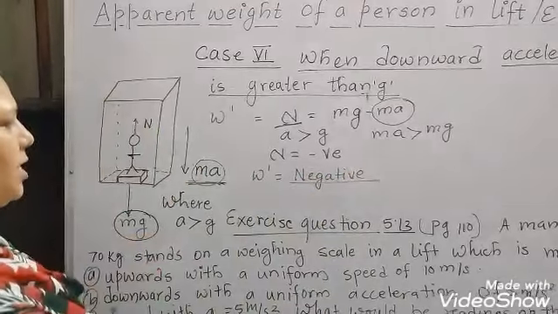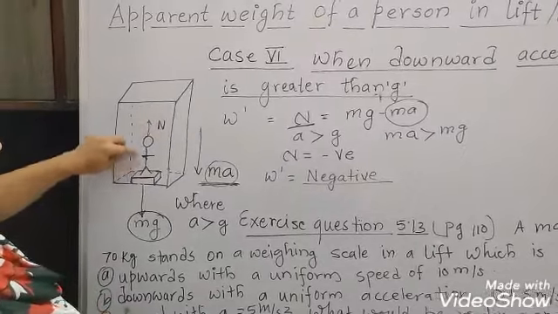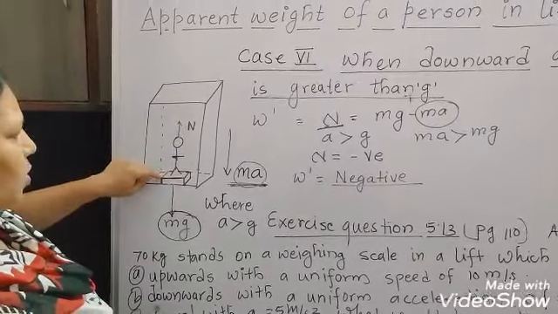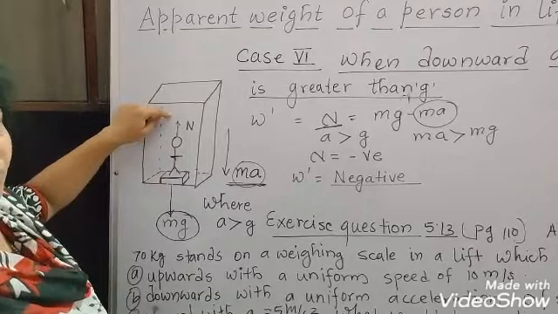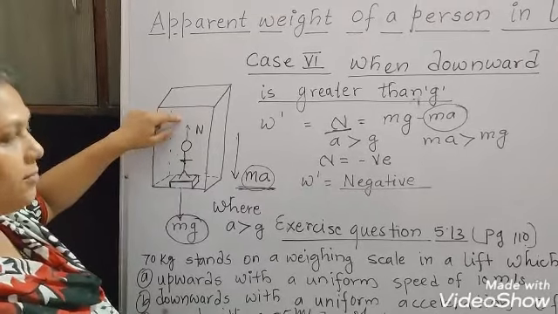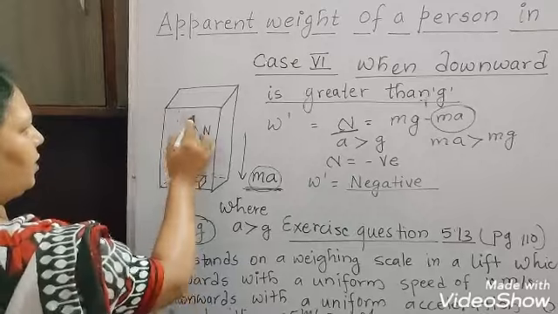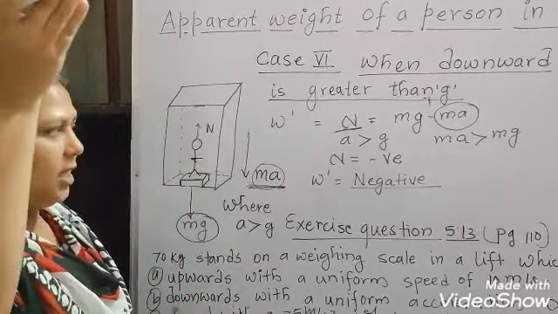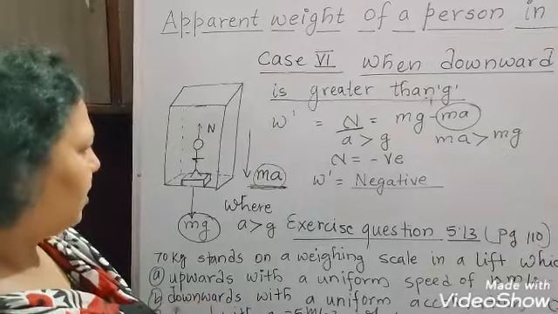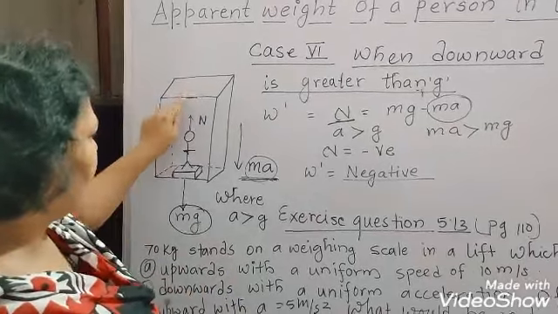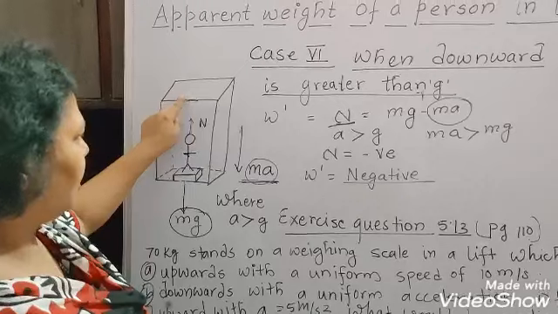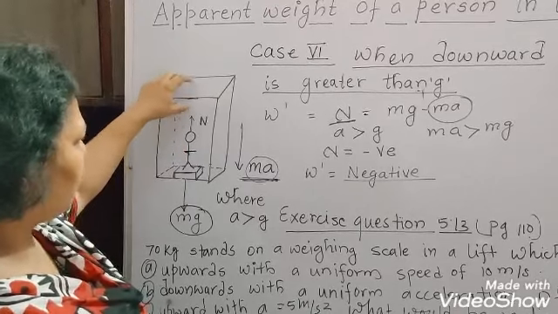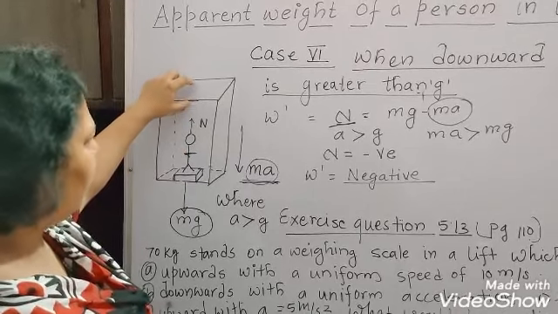That means the person will fly off from the floor, or rise up from the floor, and will get stuck to the ceiling, or crash to the ceiling. So the person will be moving in upward direction and stuck to the ceiling of the lift.